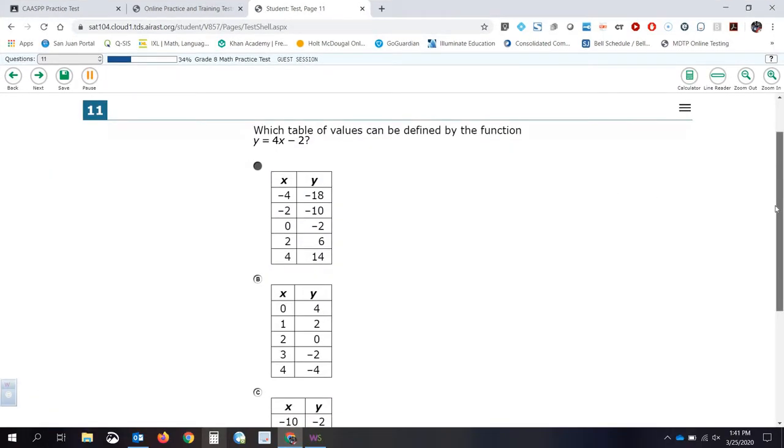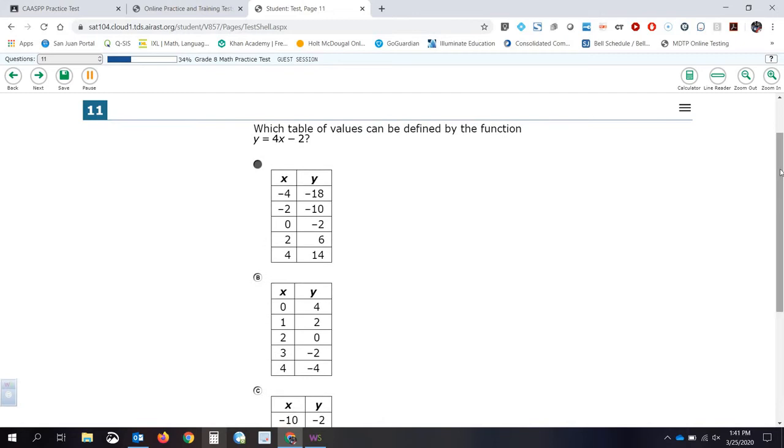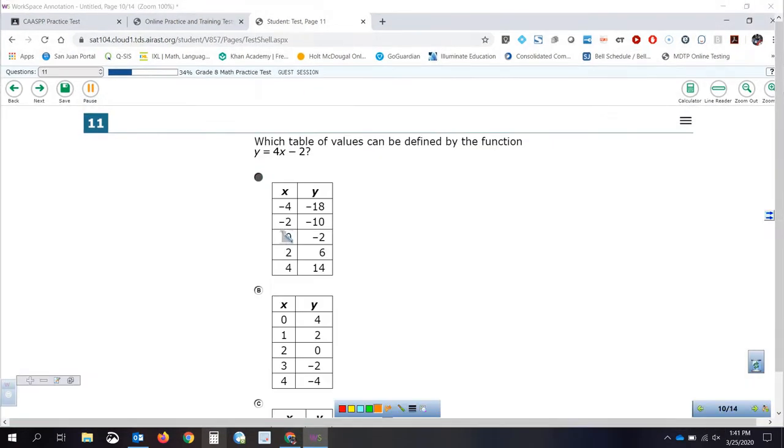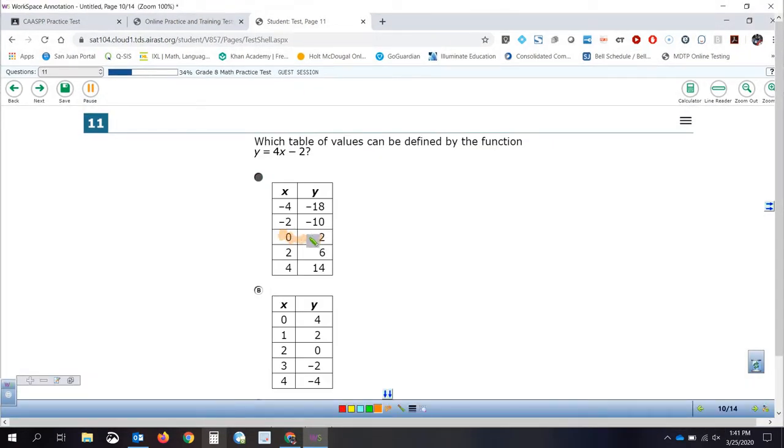It says which one is defined by the function. Okay, so if we look right here, we have 0, -2. That was our y-intercept. So that one is a correct ordered pair for this equation. But one alone doesn't work.